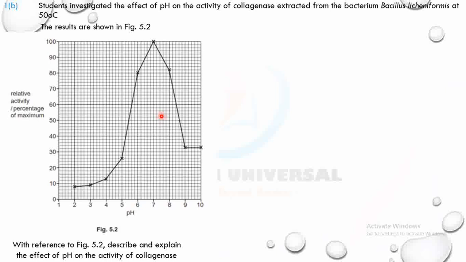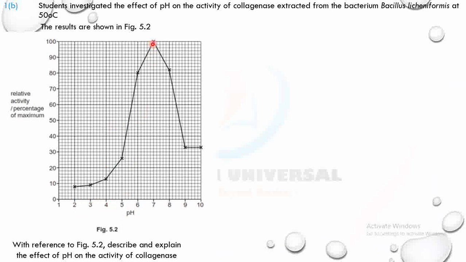So I want you to pay attention and try to tackle this question. The question says describe and then explain. Describe means show us a trend. You can see that as pH increases, initially the relative activity of this enzyme collagenase increases.